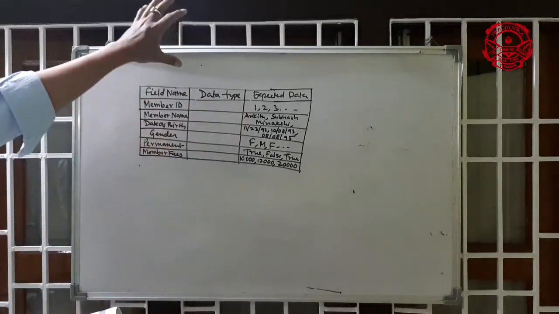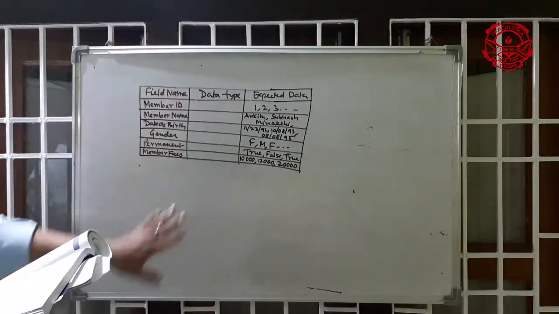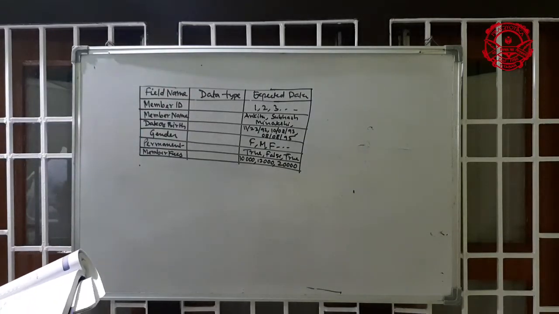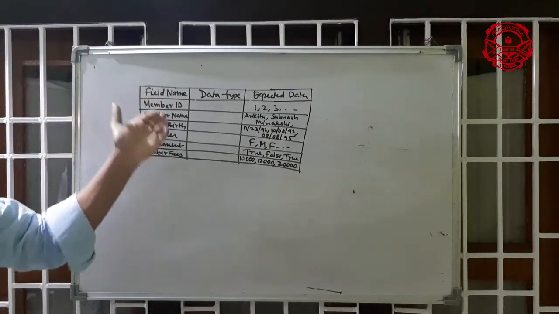So I need to give the following member table field data types. Means I need to give the data types. Which data type is suitable for this field? Okay.